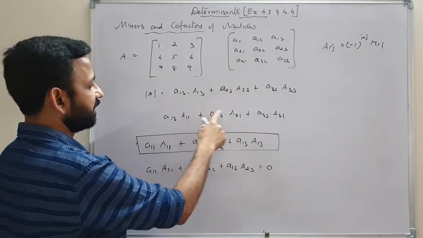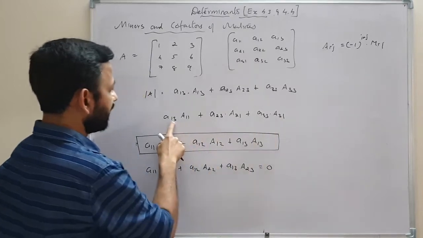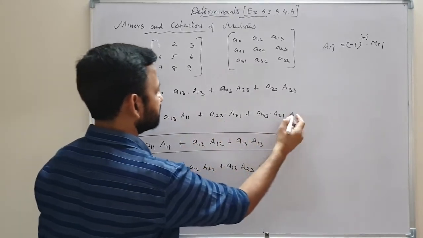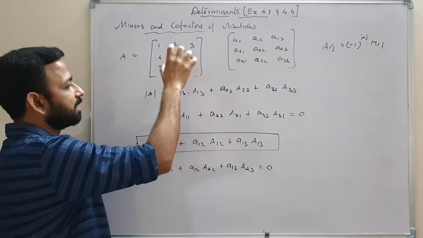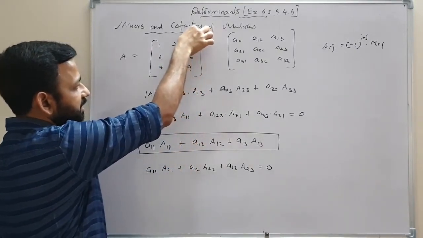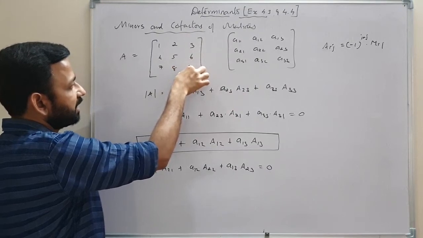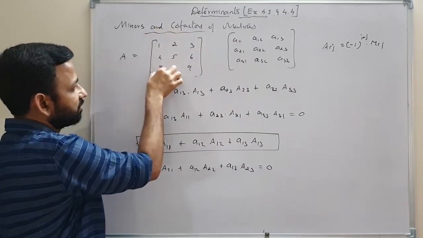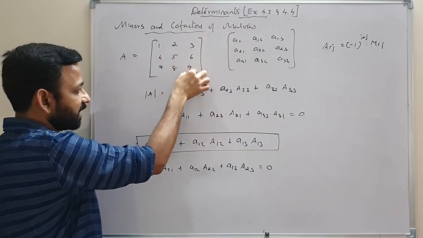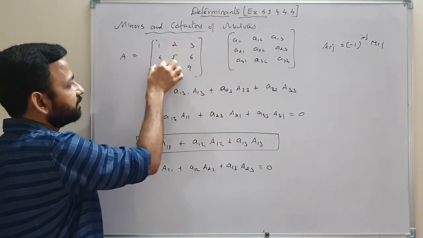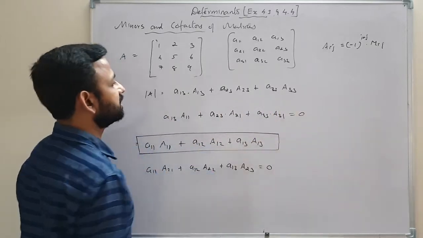So the answer will be 0, because here we find the sum of the products of the elements of the third column and the cofactors of the first column. That sum will always be 0.